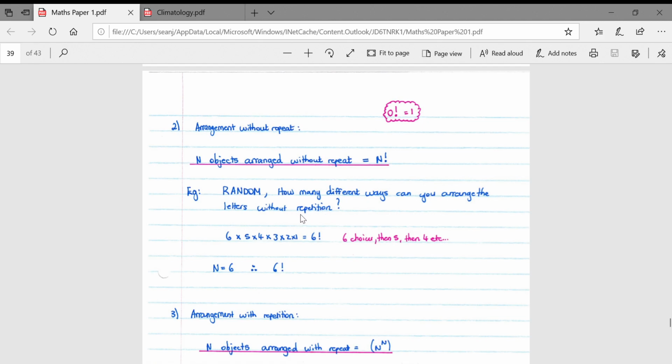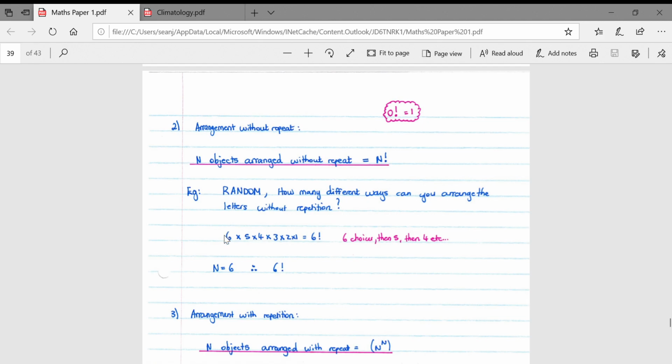A crucial part of the entire conditional probability and counting principles section is to look for whether the question states without repetition or with repetition, because they are two very different things and require different working out. So looking at this question without repetition, all we're doing is saying, how many letters do we have in this word? We have 6 letters.